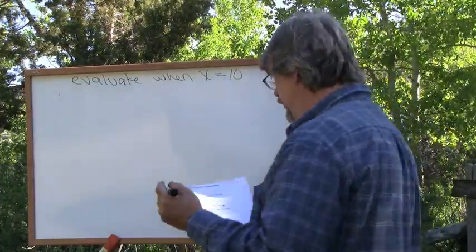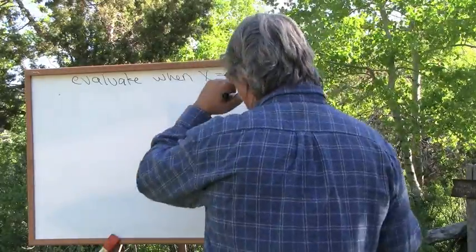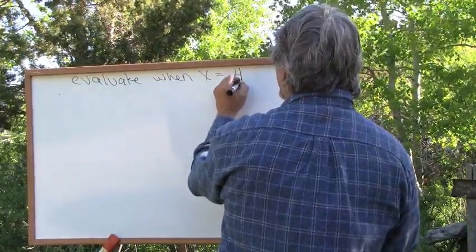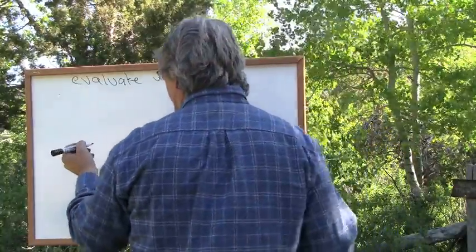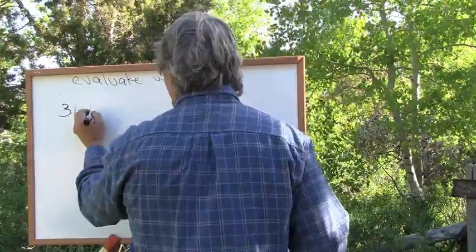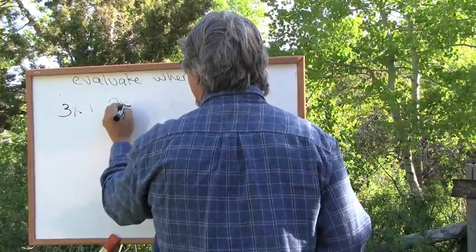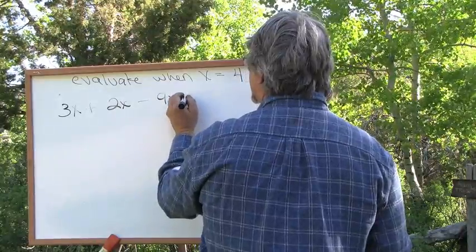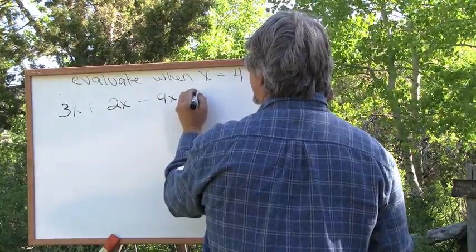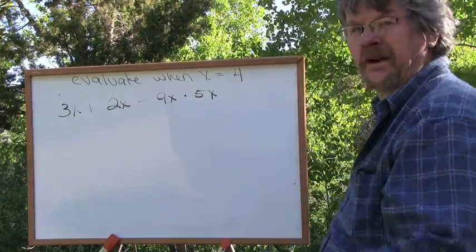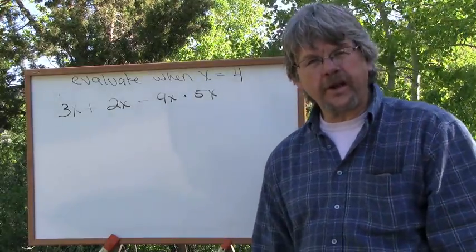Let's do one more. Let's say x is going to equal 4, just for kicks and giggles. And we have 3x plus 2x minus 9x times 5x. And you go, holy cow, dude. Remember the order of operations.